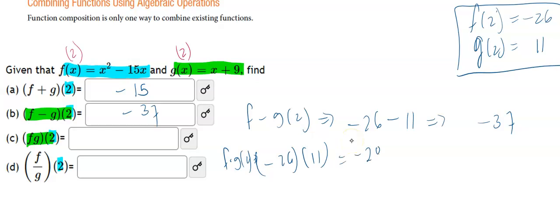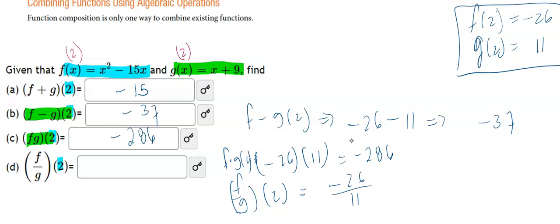It should be negative 286. And the final one is f divided by g of 2. And you got it. That's negative 26 divided by 11. There's just nothing we can do beyond negative 26 divided by 11. All right, so that's a composition of functions at a point.